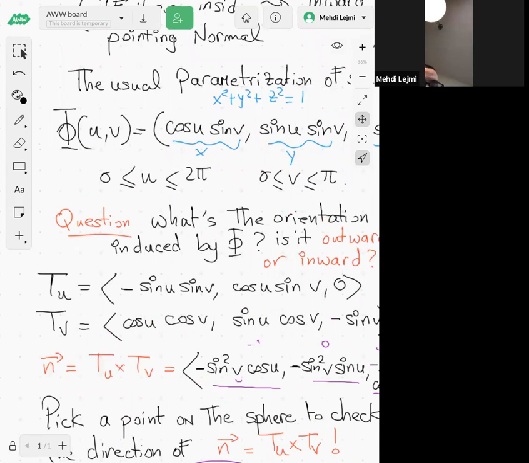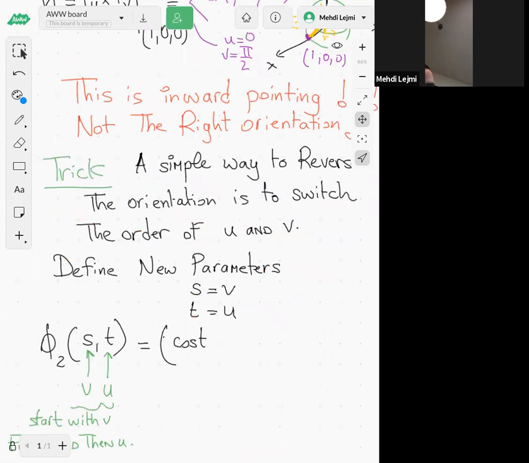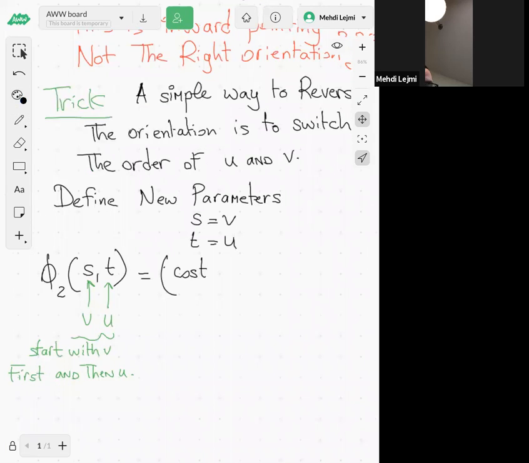And all I'm saying is that now s is equal to v and t is equal to u. So now cosine of u becomes, for example, cosine of t, right? Sine of v becomes sine of s, etc. So we're gonna get cosine of t sine of s, and then sine of t sine of s, and then cosine of s.